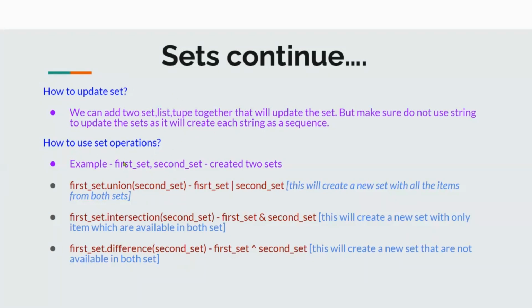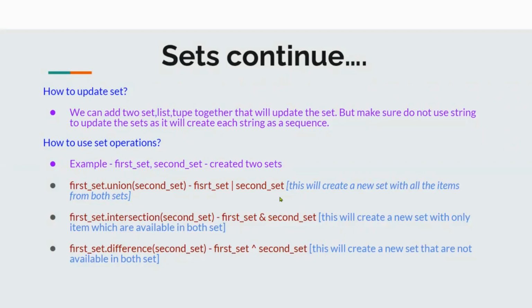Sets also have very powerful operators. Let's say I've created two sets, a first set and a second set. How do you do a union? This is the method: first_set.union(second_set). The symbol we'll use in code is first_set, a straight line, second_set, and this will create one new set with everything together.